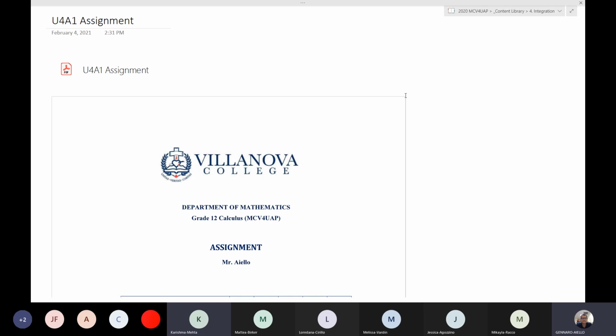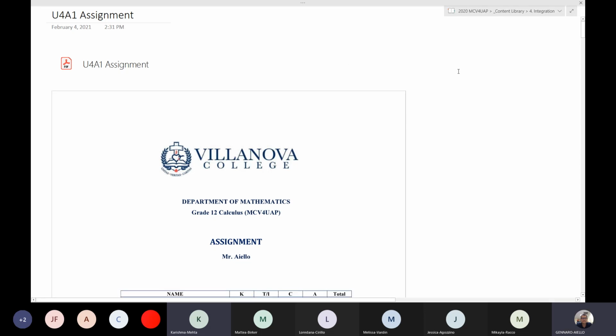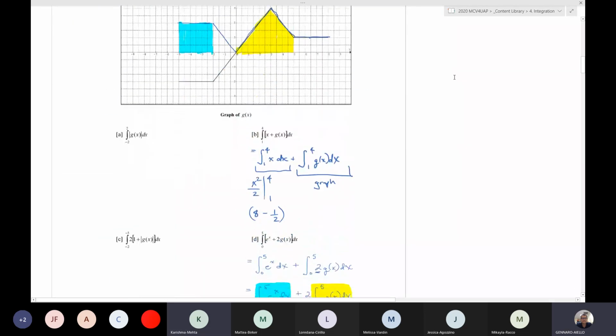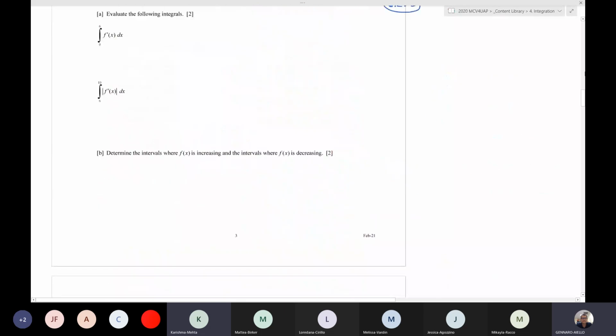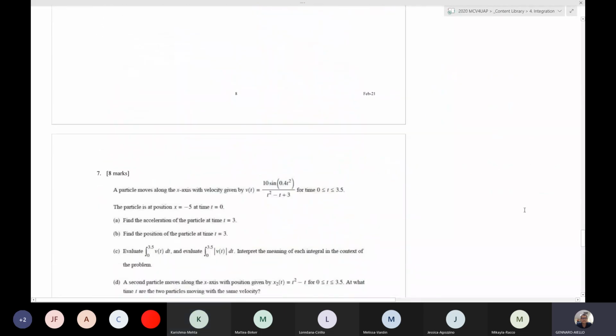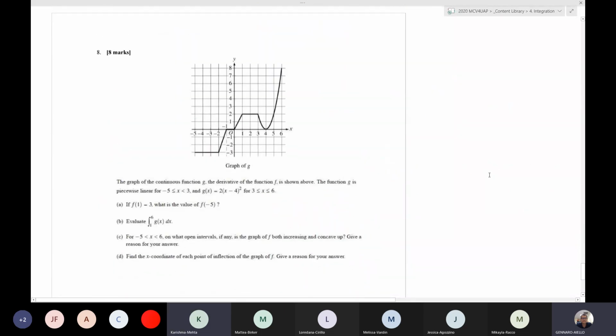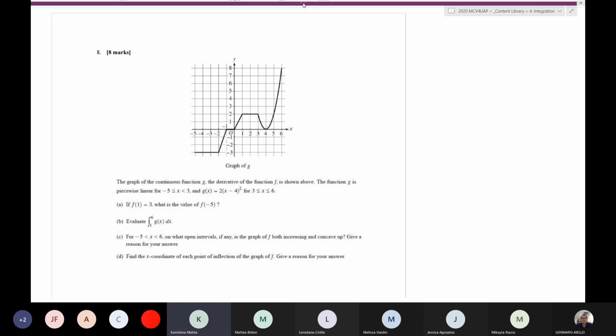I'm sorry, I have one more question. Okay, good. Well, that's what we're here for. What do you got? For 8B. Holy smokes, that's way down here. So the question is to evaluate the integral from 1 to 6. So I know how to do the 1 to 3, and then 3 to 6 is the parabola function.